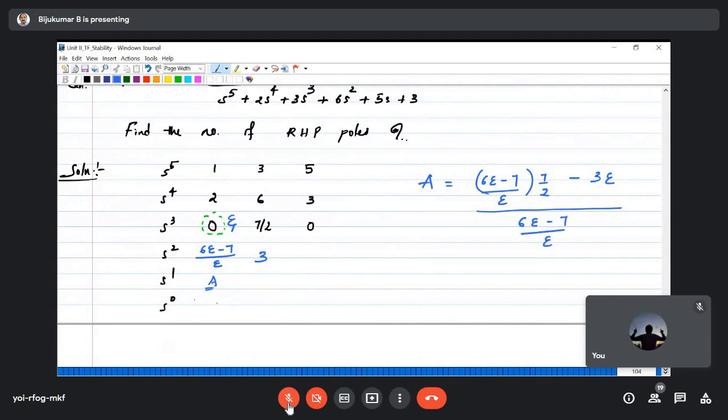Right? Now this becomes 0 and the last element becomes 3. This is our first column.